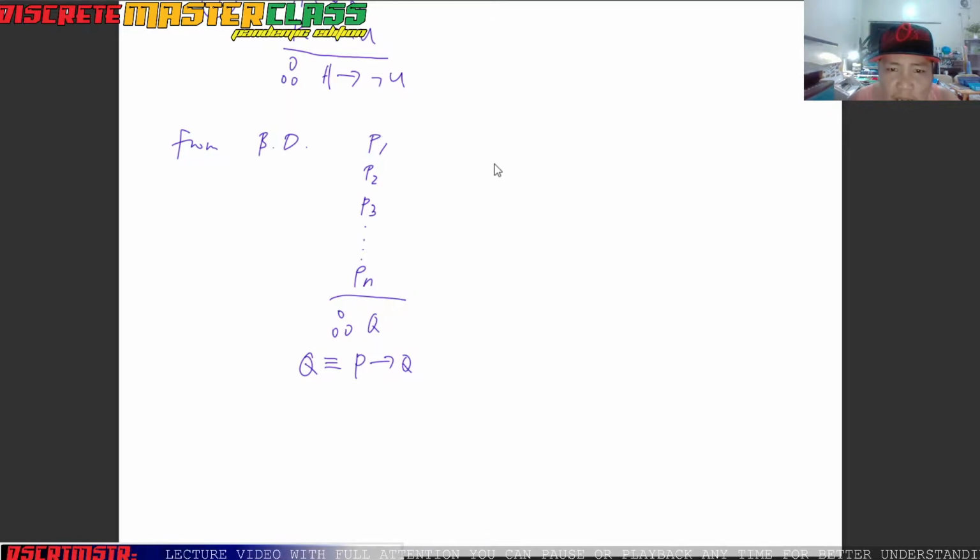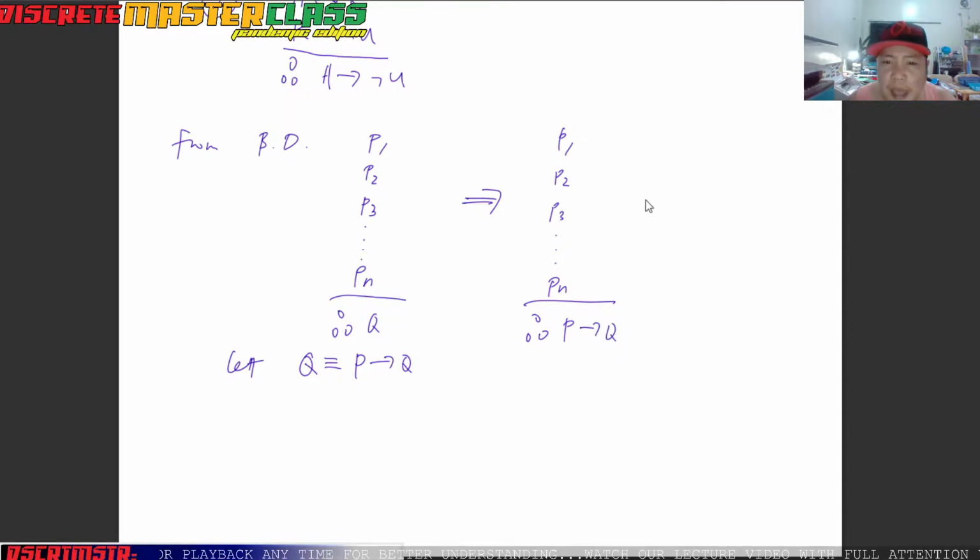Now, this is now P1, P2, P3, up to Pn. Therefore, instead of writing Q, you write the logically equivalent of your Q because nilet ko yan. So, instead of writing Q, I will write P implies Q.